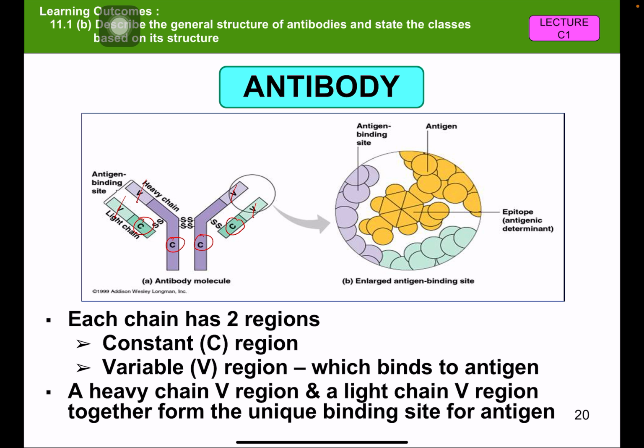A heavy chain V region and a light chain V region together will form the unique binding site for an antigen. For example, here this one is the antigen, the antigenic determinant. So the antigen binding site of the antibody is this part.